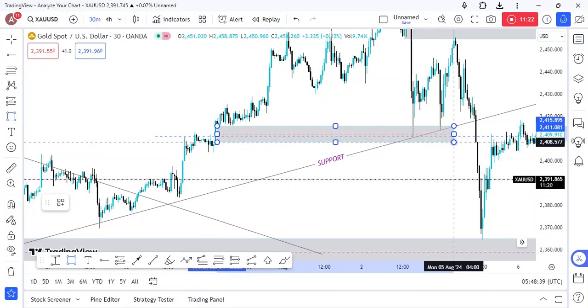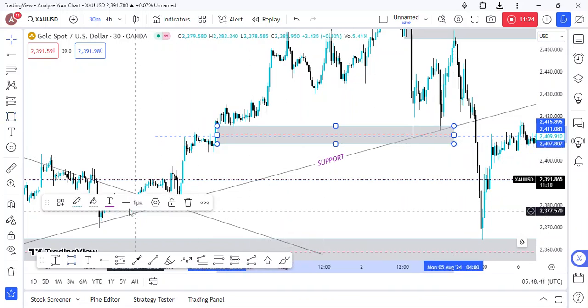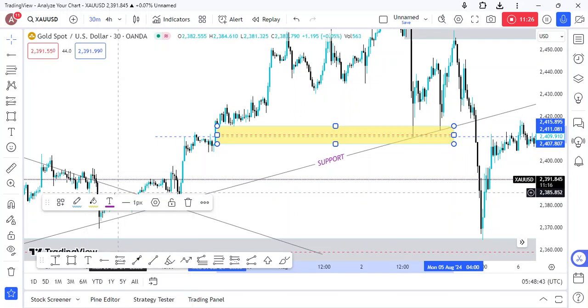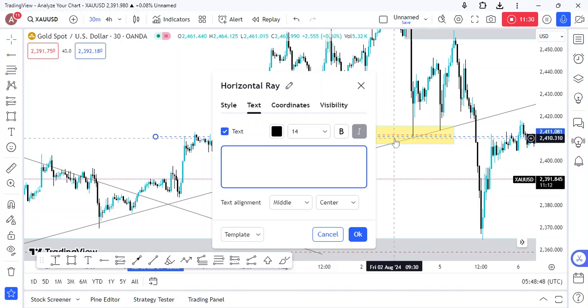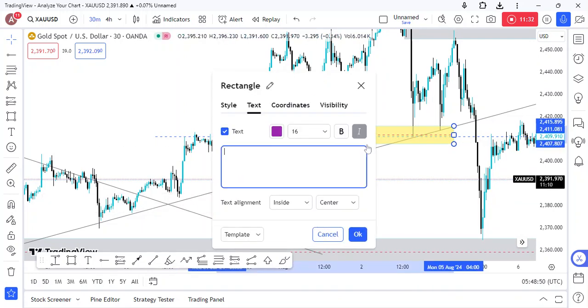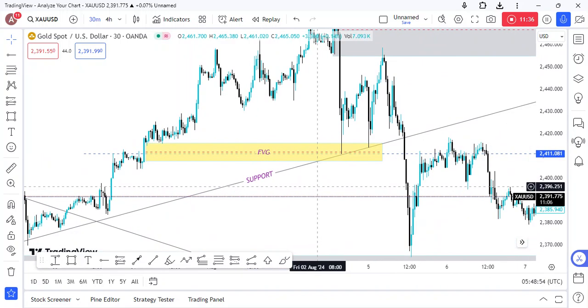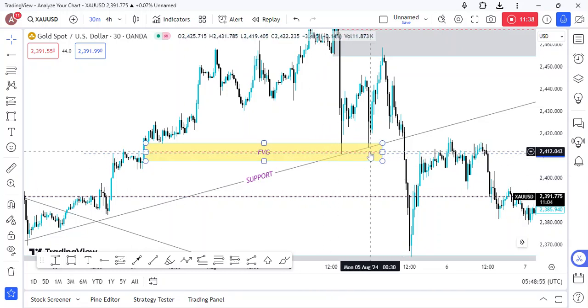Guys, can you see the fair value gap here? FVG. There's a fair value gap here. So the market touched it, and in that same zone, there was a fair value gap.